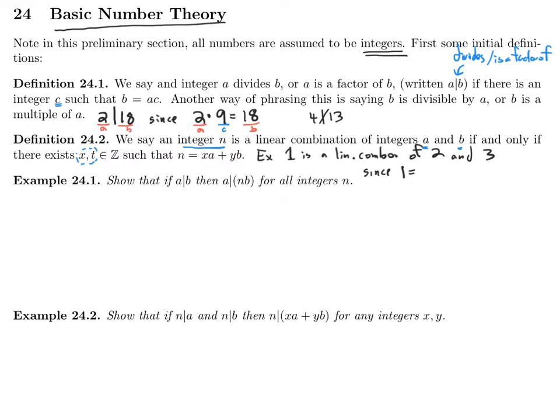It should be quite easy. All you need to do is take -1 times 2, so our x in this case is -1, and we take 1 times 3, so our y is 1. So we can write 1 as a linear combination of 2 and 3. And we'll talk about these in more detail going forward.